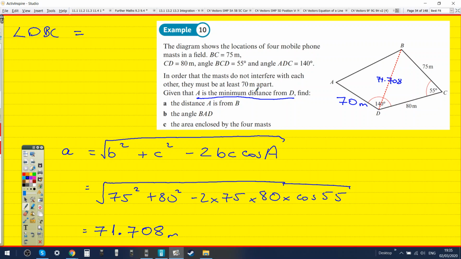So will that be sine 55 over 71.708 is equal to sine x over 75? Yep.